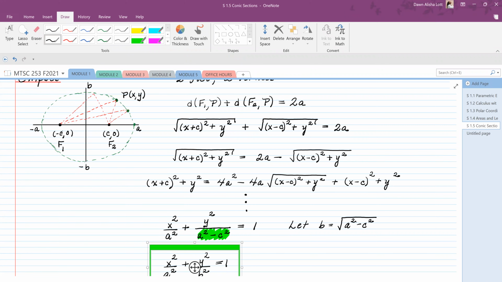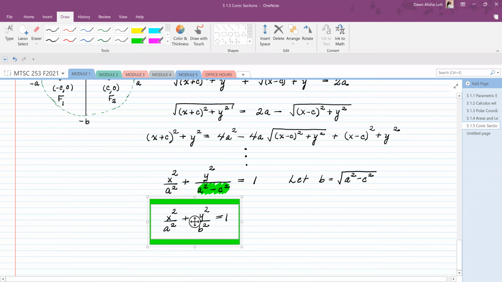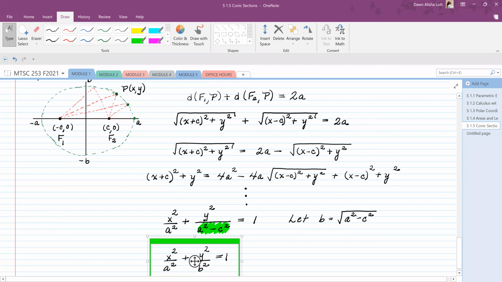The major axis joins minus a to a. In this particular problem, going from here to here is our major axis.